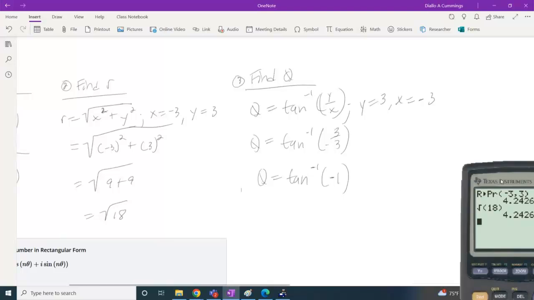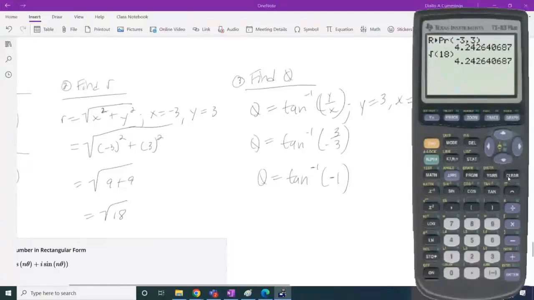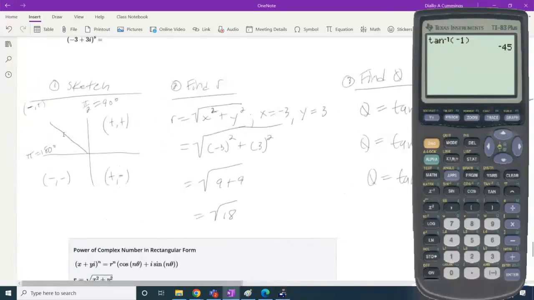And if I use a calculator to calculate the arctangent of -1, I get -45 degrees. But if I look back at my sketch, my angle should be in quadrant number 2.